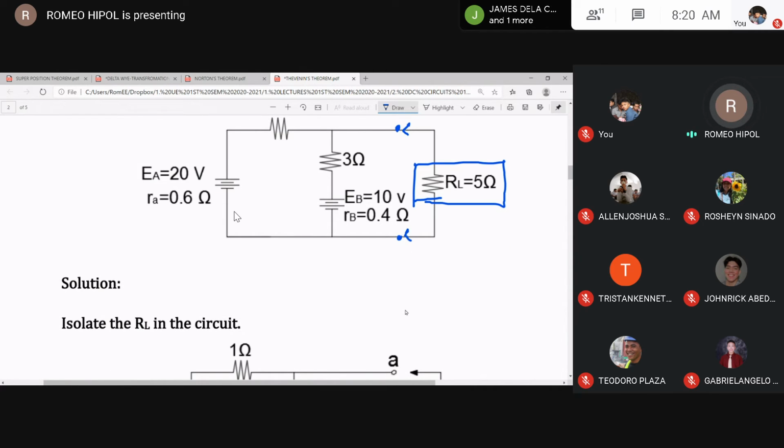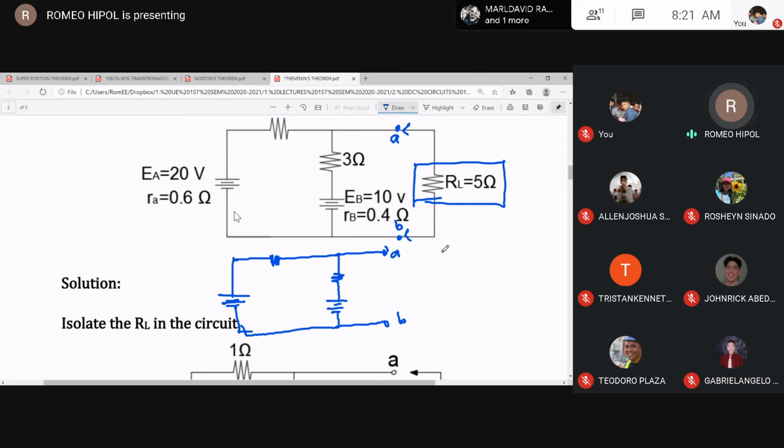So the new circuit to consider. So ito, may battery. May battery rin tayo. Naka-open yung connection niya. Terminal A and B. So pwede natin ito iset as terminal B. So i-isolate natin.